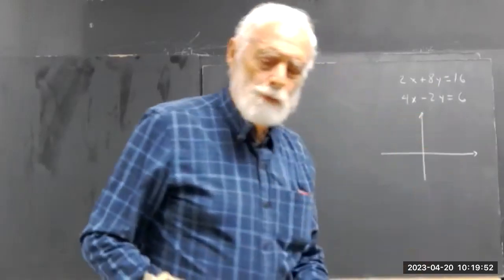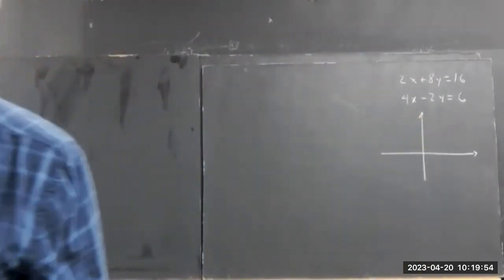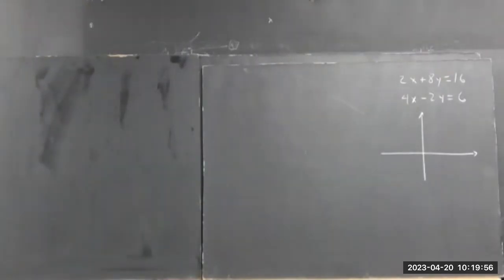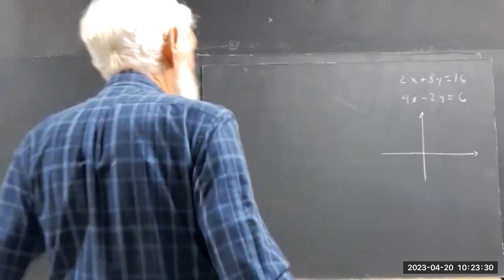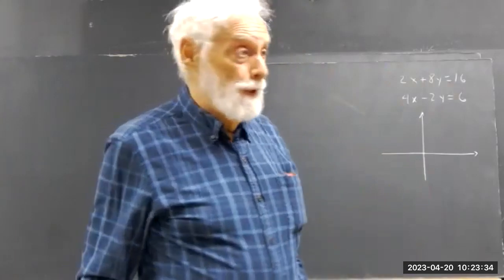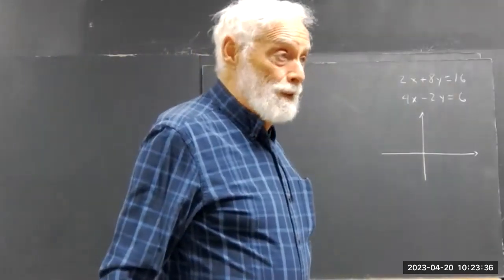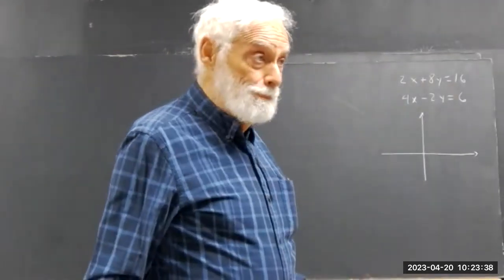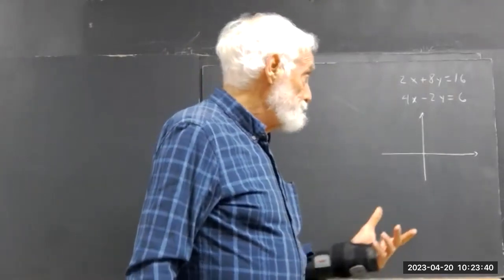So the question we're going to discuss for a minute is how do we go about graphing these two equations? If you need to review how to graph straight lines, you should review that right away, because you're going to have to draw some straight lines to do these assignments.